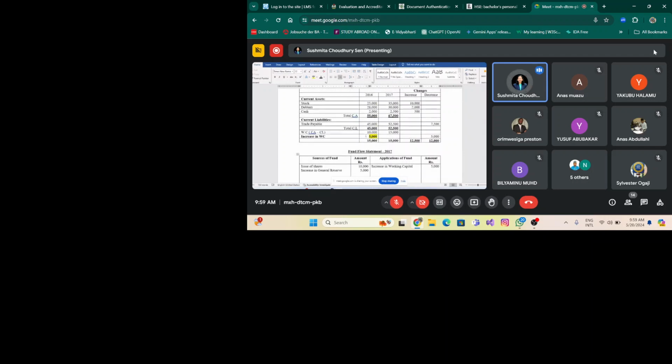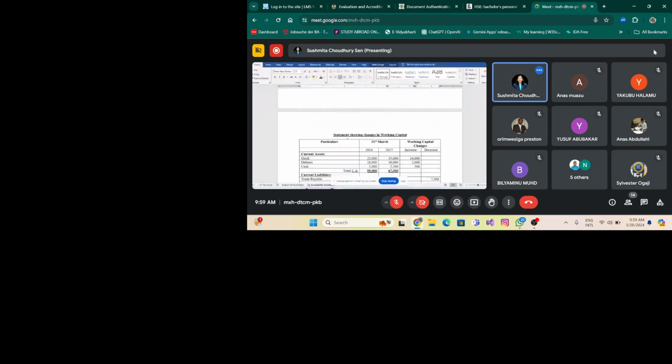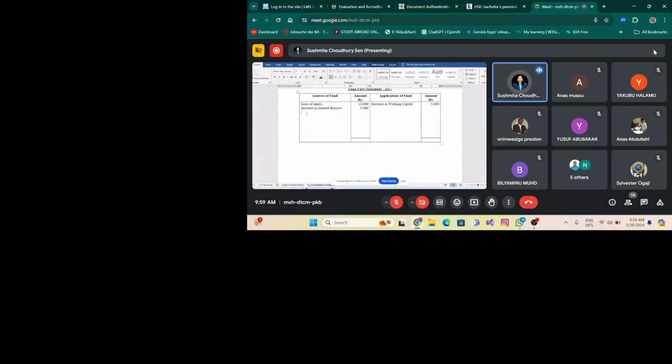Now after this, I need to look at the third item. This is the statement of profit and loss, the profit. It is 2,500, which means 2,500 has been earned in the year 2017. So it is another source of fund. We don't write it as statement of PL.